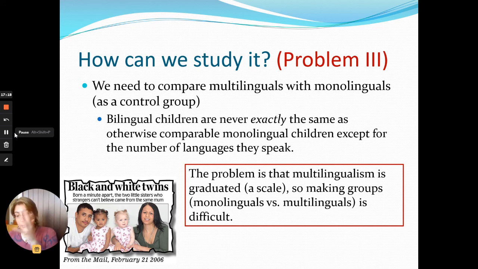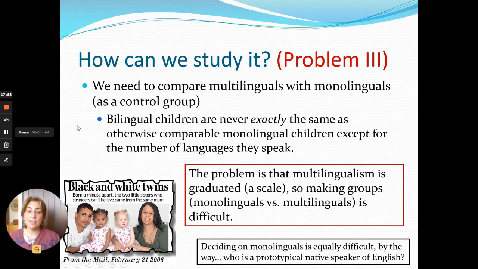So making groups, let's compare monolinguals versus multilinguals, is difficult because it is a continuum, remember? So if you're going to cut it here and say, okay, this will count as multilingual, this will count as monolingual, of course, the ones that are here will be much more similar than the ones that are farther away in the scale. So that makes making groups and making comparisons very difficult and very prone to mistakes or gross overgeneralizations that would have no scientific status.